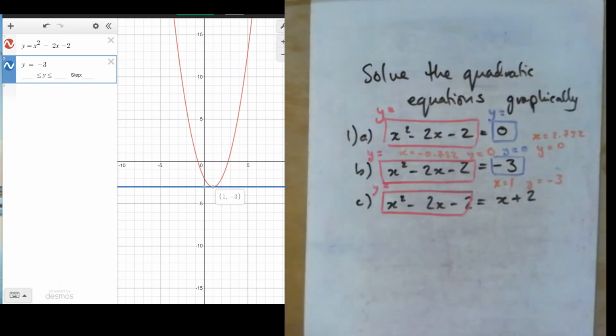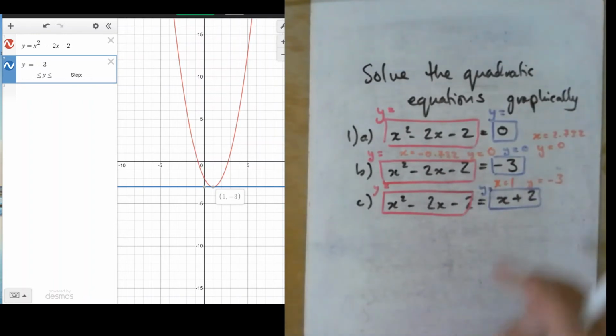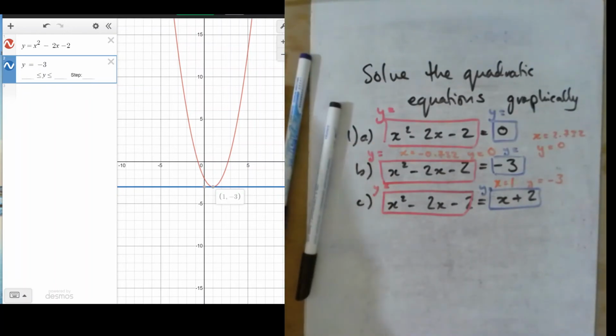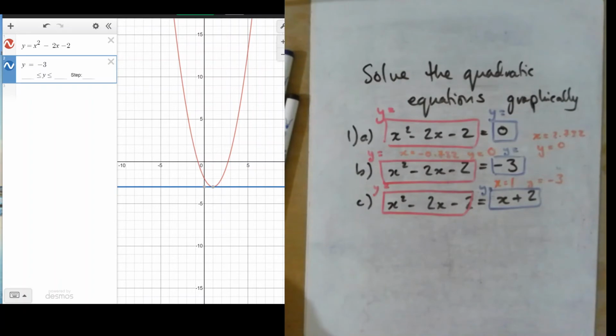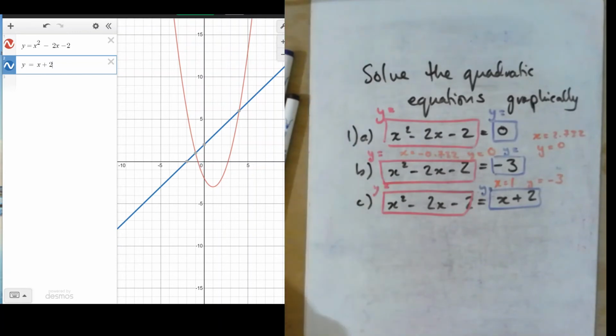I know it seems kind of boring by now, doesn't it? Oh, I've got y equals 0. It's not y equals 0. That was y equals -3. So this one, I now want y equals x plus 2. So let's pop that in. You do exactly the same thing.